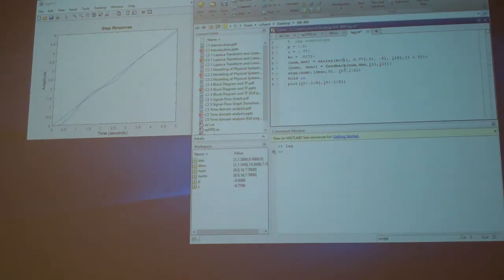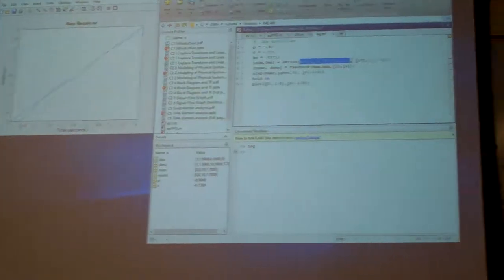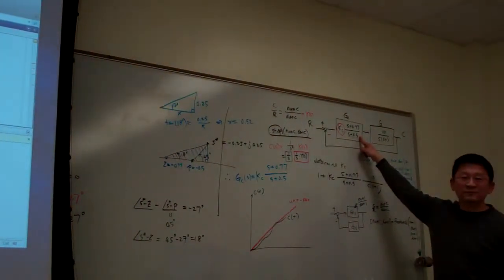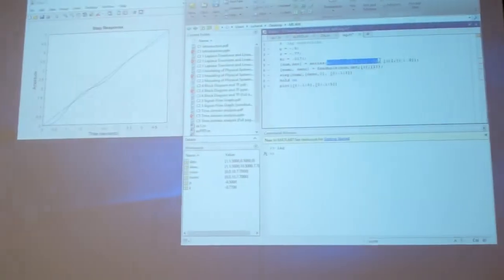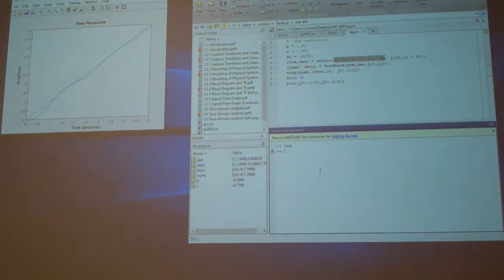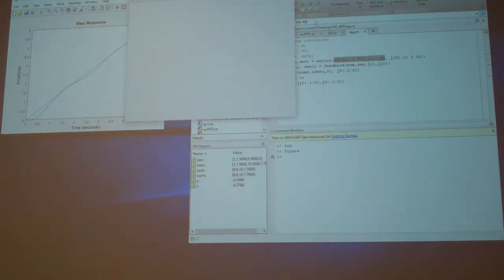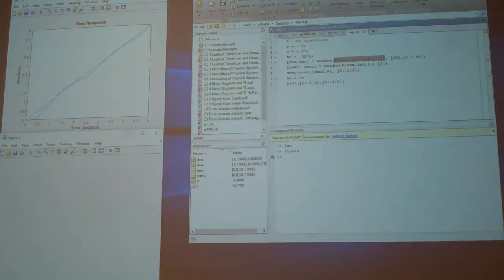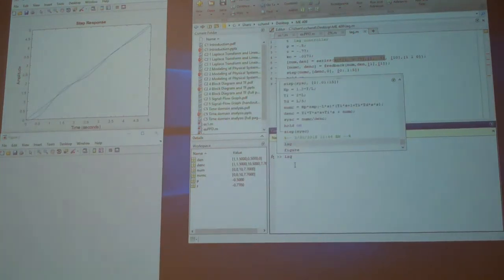Right? So this is our description of this block. Okay? So we save it and then we produce the different figures and we compare. Okay, so we can run that again.